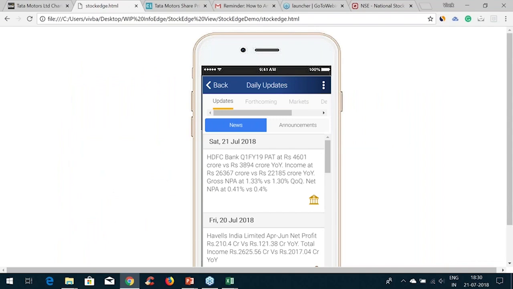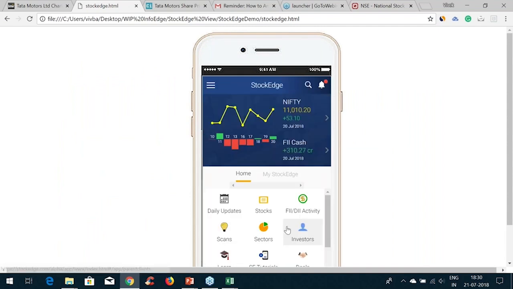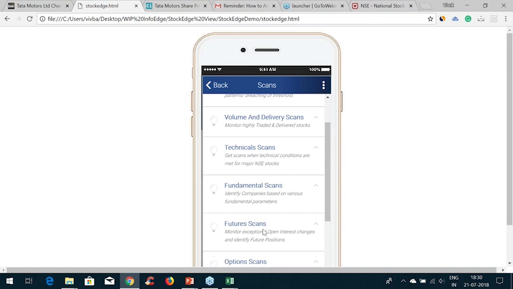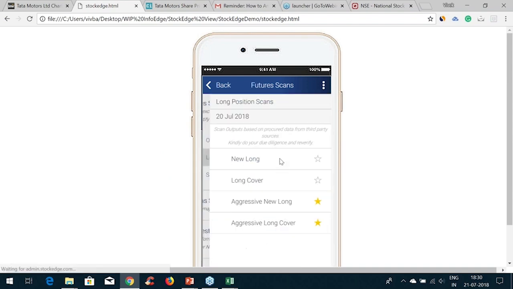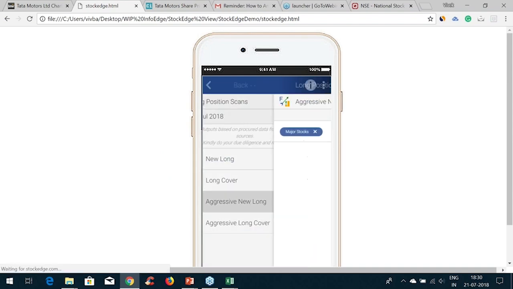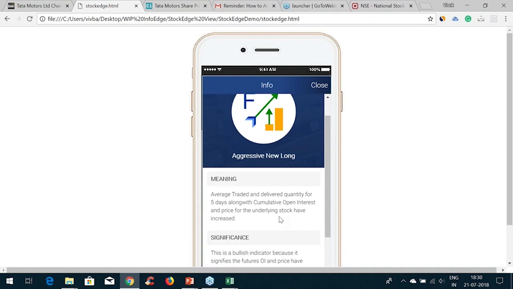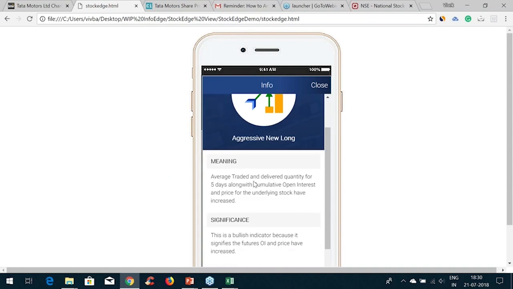Aggressive new long is a unique thing which we have created, where we have combined the long position along with the delivery. So aggressive new long is nothing but a combination of long positions in the market and average delivery.